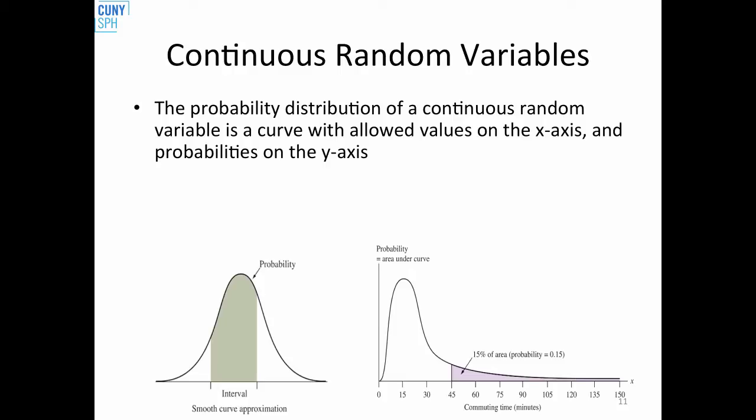What is the total area under this curve if you went over the entire range of the possible values of the distribution? It would be 1. And for any finite interval within those possibilities, it would be greater than 0 and less than 1.